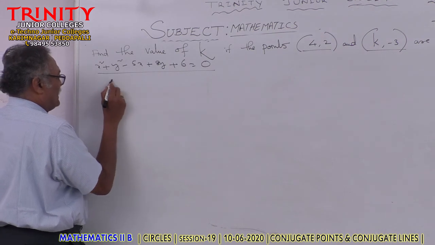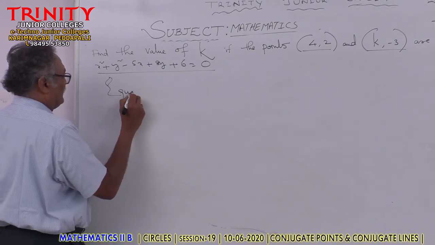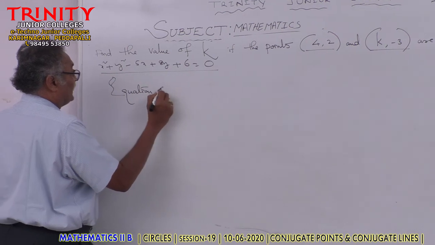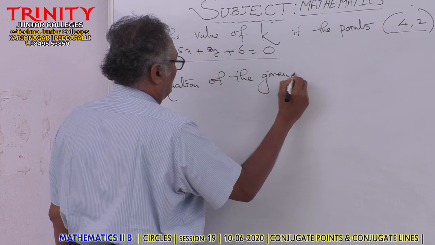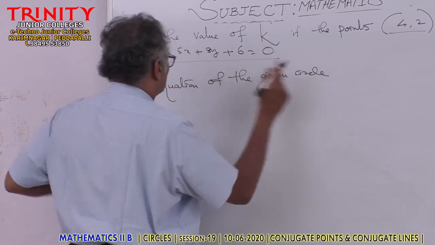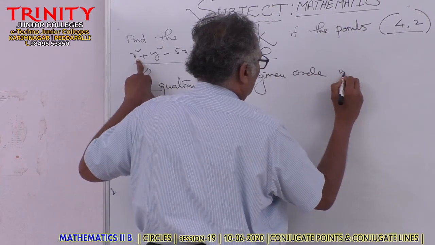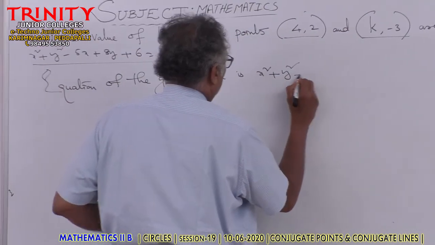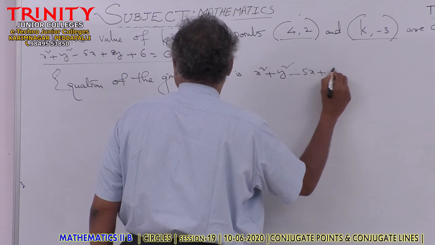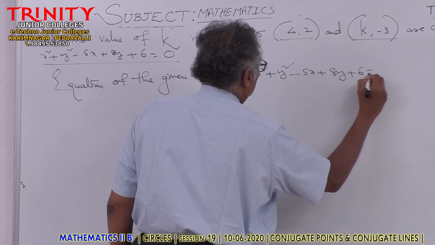Steps. Equation of the given circle, that is x square plus y square minus 5x plus 8y plus 6 is equal to 0.